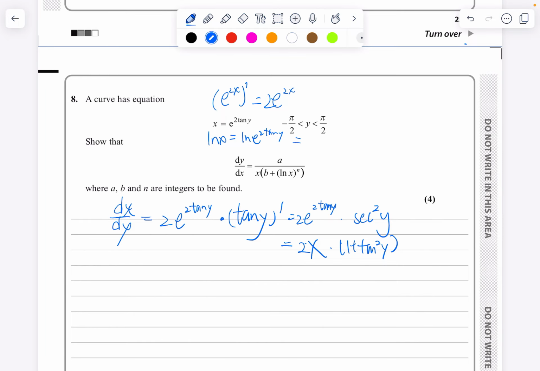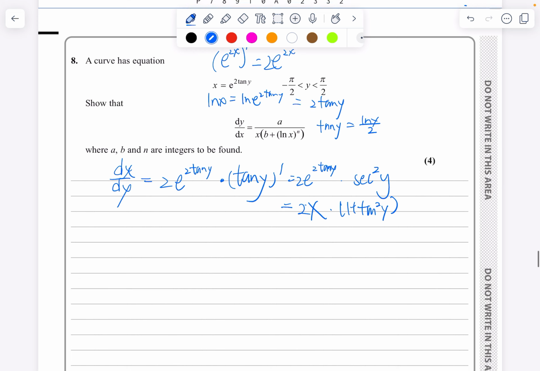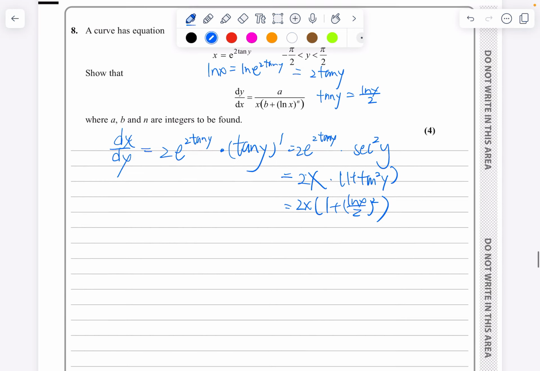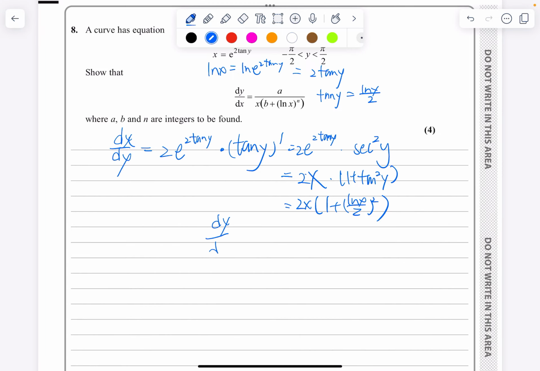Which equals 2 tan y. So that means tangent y equals ln x over 2. So that means this would actually equal 2x times (1 plus (ln x over 2) squared). Then dy over dx will equal this entire thing flipped.